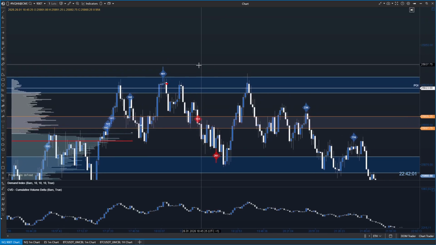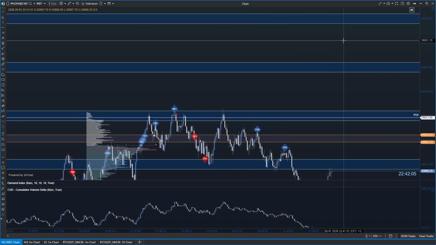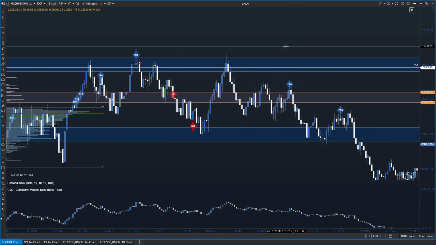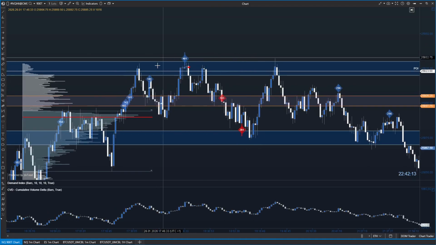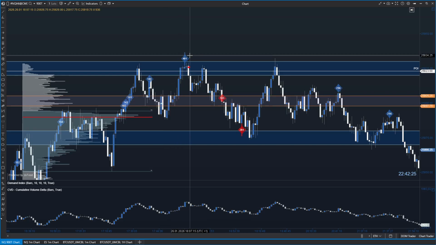Or my potential bigger target was the 26,000, where I can build my position and scale into the position. But you can see the market wasn't going to give me this price at this time, but I didn't even know before. And yeah, so my take profit is always 600 ticks.